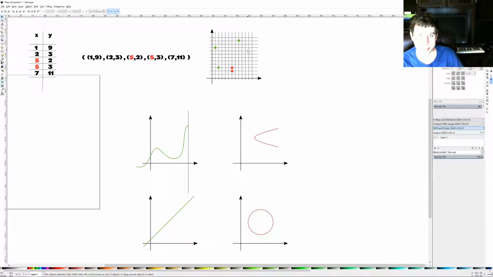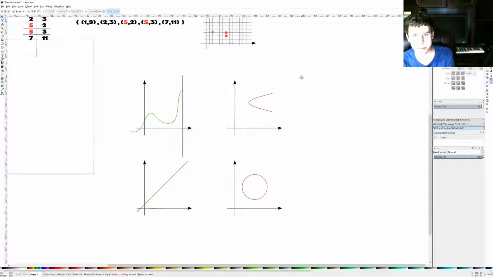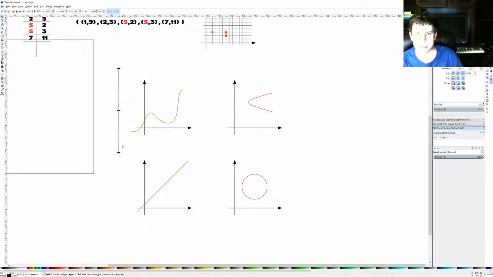To explain a tool that we have in the case of a graph of a function, we have what we call the vertical line test. I've got this line here, and I've got different functions, and I've shown that this one is, as far as I can see, a function. I should probably have arrows at the end to show that they keep going.